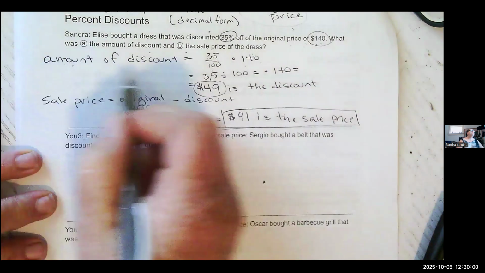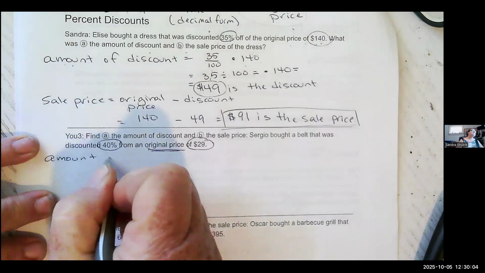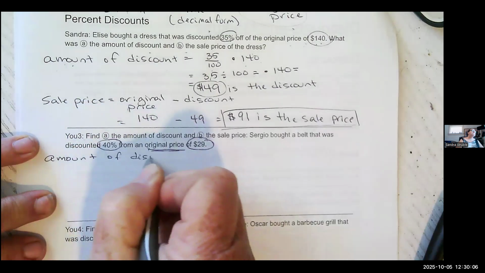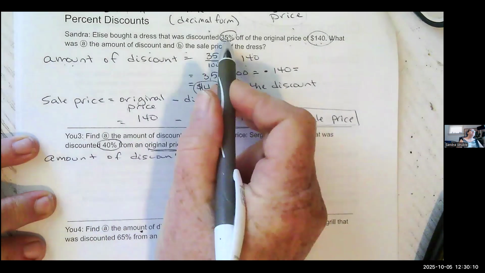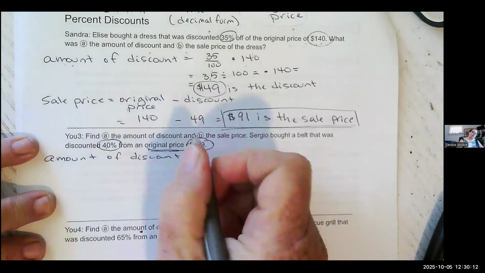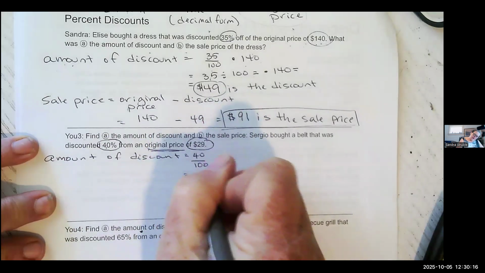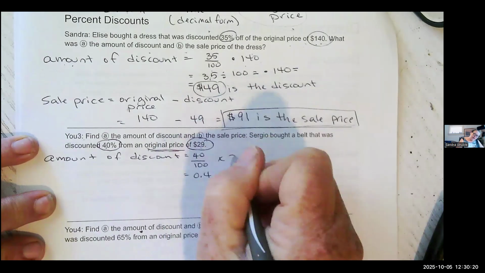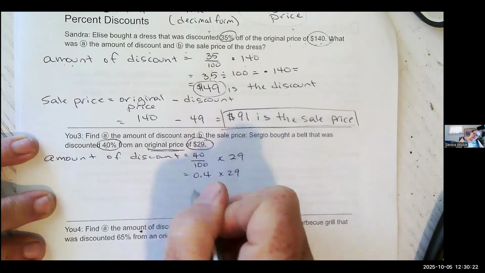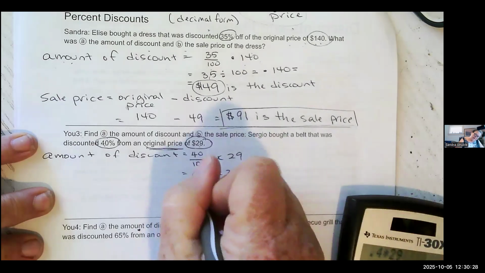So first, we're going to find the amount of the discount. It is equal to the percent in decimal form, so 40 divided by 100, which is 0.4. Then you're going to go times the original price of $29, which is 11.6.